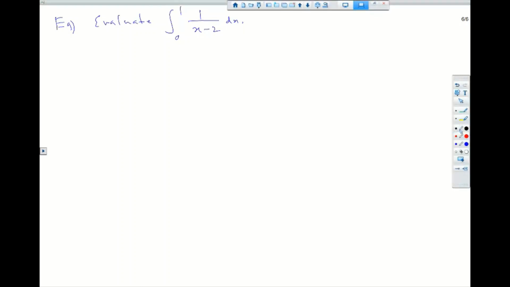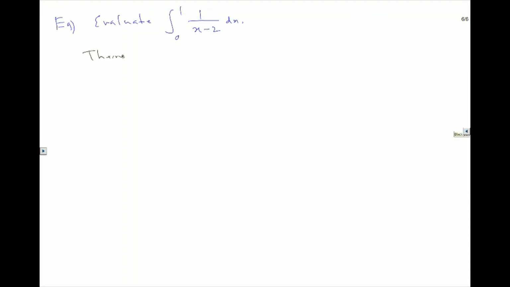So what we can notice is that there is no discontinuity on the interval 0 to 1. So that means this is just a regular problem. So 0 to 1 of 1 over x minus 2 dx. So this is a proper integral, it's not an improper integral.